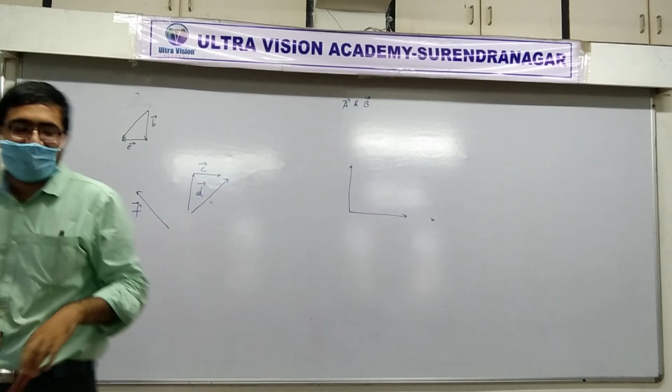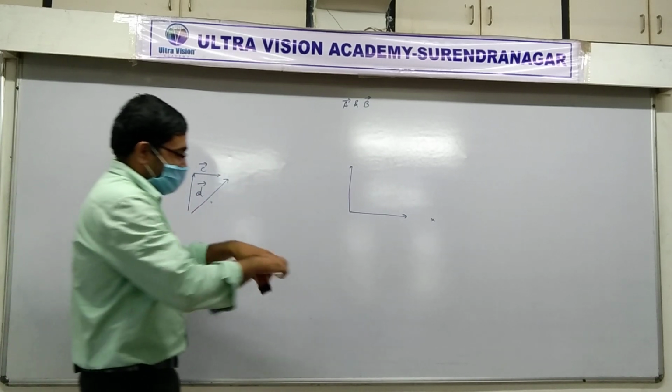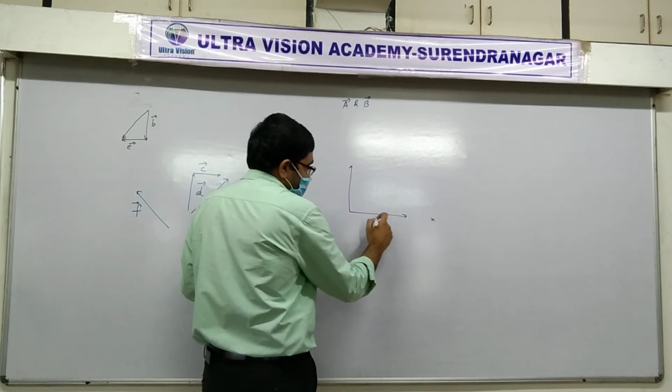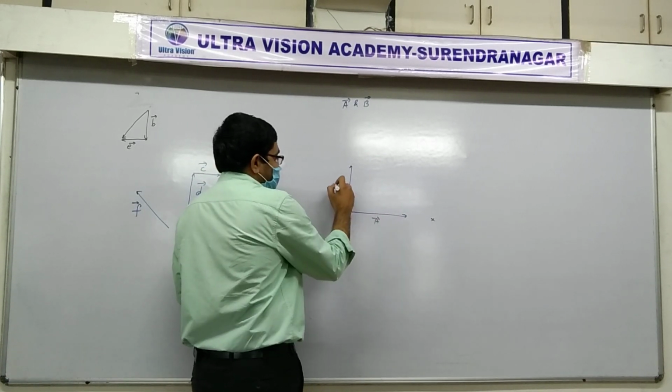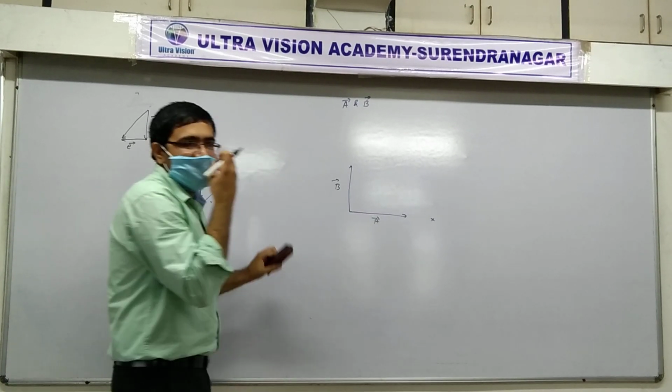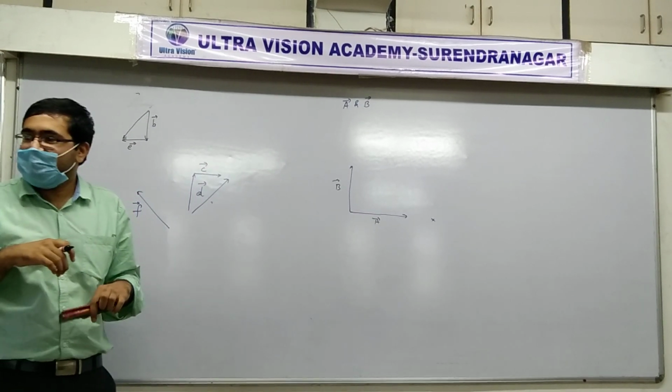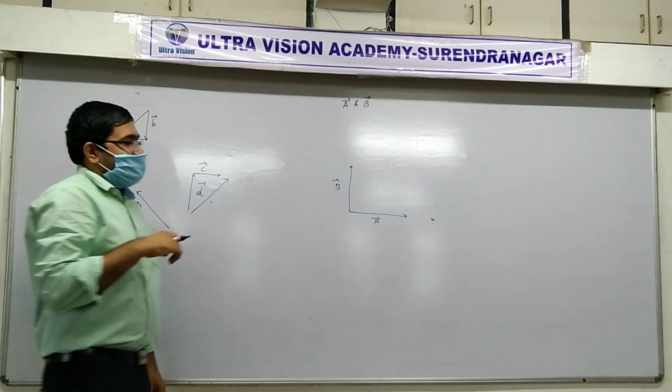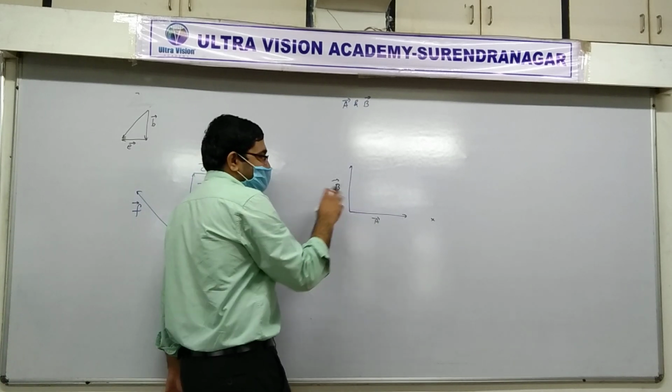So you could imagine that A vector is towards the right hand side. Okay? And B vector is, let's say, upwards. Clear or not?